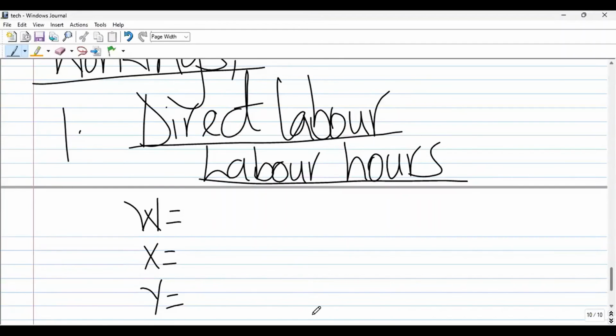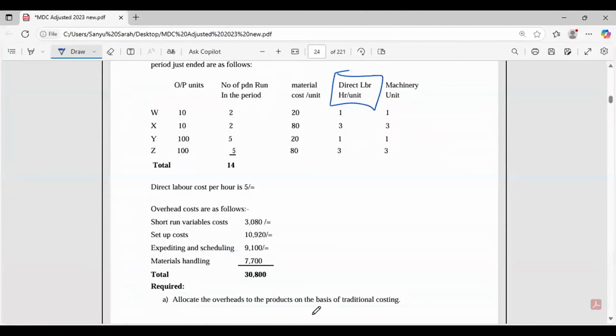So how do we change these labor hours per unit into labor hours? Yes, anyone with an idea? By multiplying the number of units times the labor hours per unit. So we get the labor hours per unit and multiply them with the number of units.